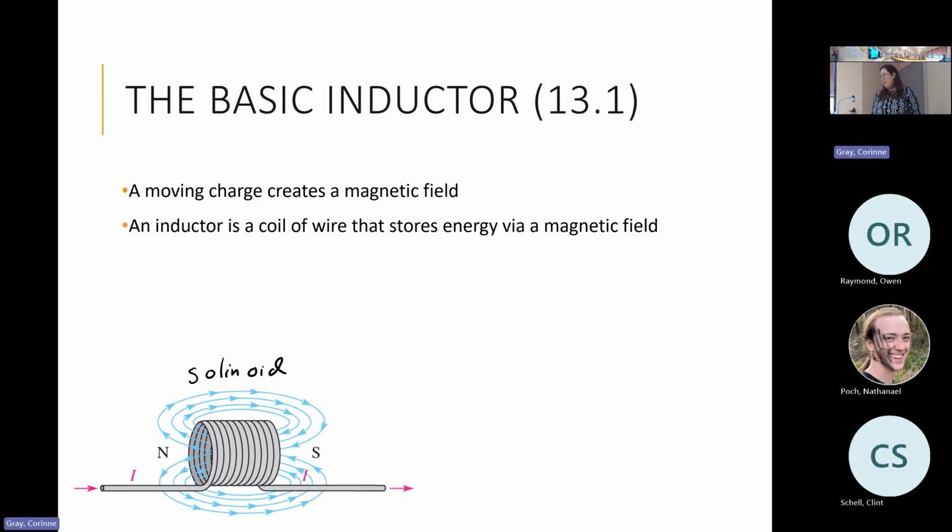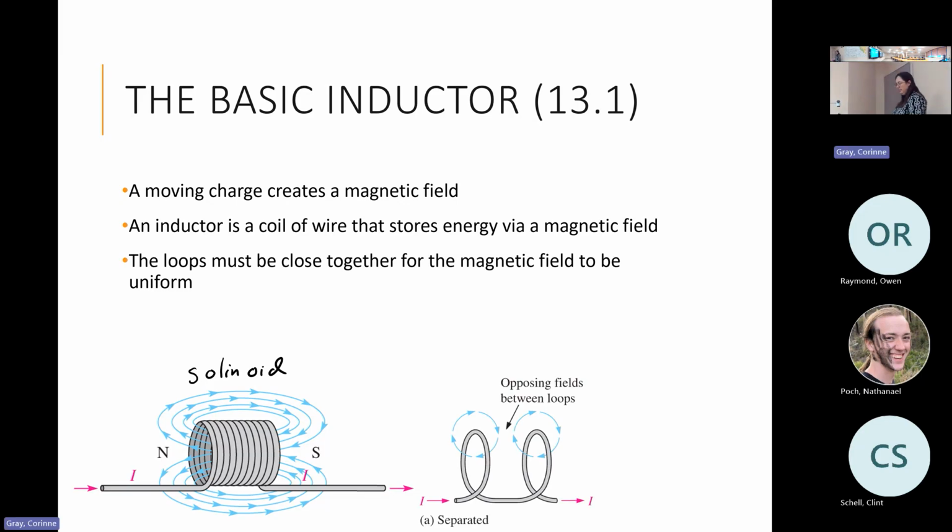A solenoid is a very specific type of inductor. It gives us specific equations that we can utilize, such that what we're going to talk about today, as well as next week on Tuesday, actively applies.